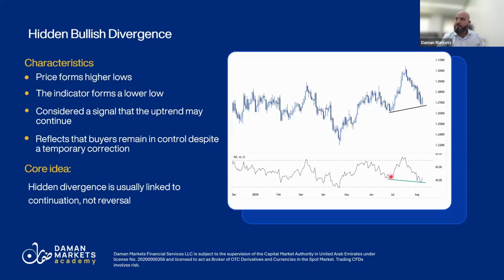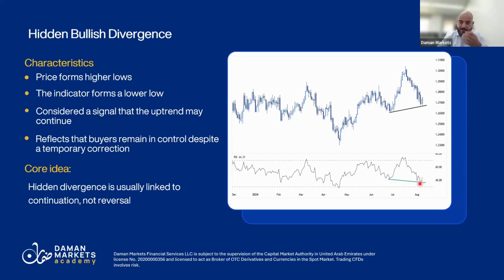The indicator goes below the previous low. So notice here how we have bottom, top, higher top, bottom, top, higher top. Price drops. It is still above the bottom, but the indicator drops below.